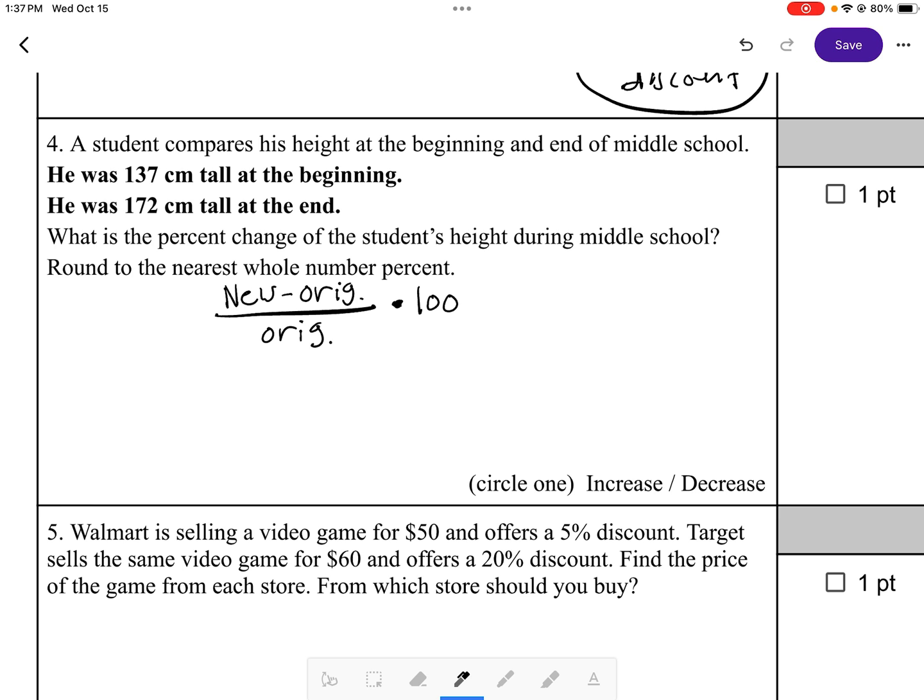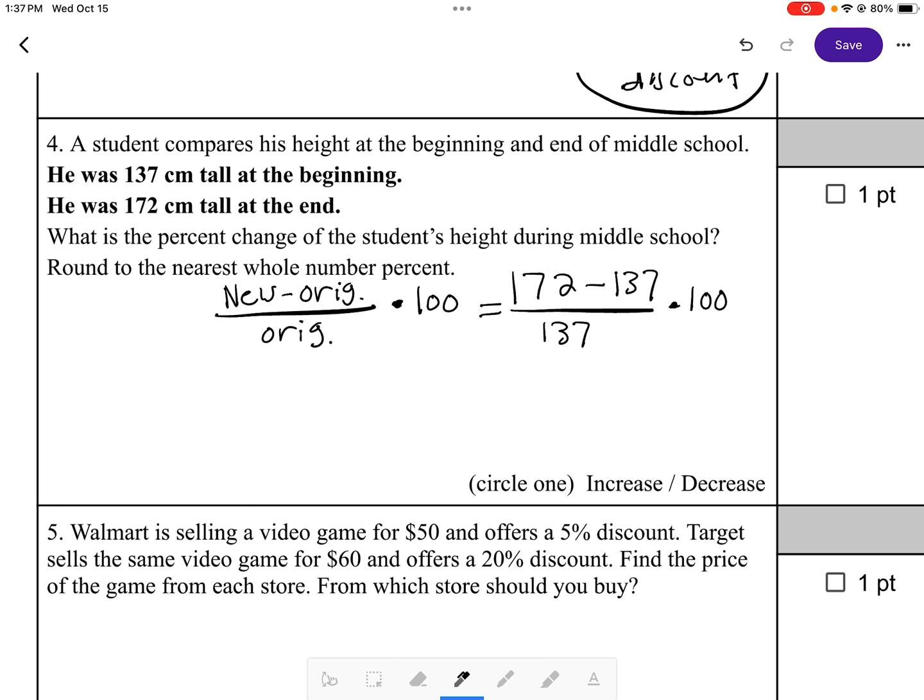Okay, so the new was 172 minus the original was 137 divided by the original, which is 137, and then times 100.